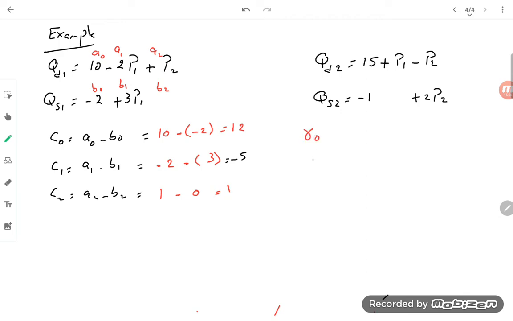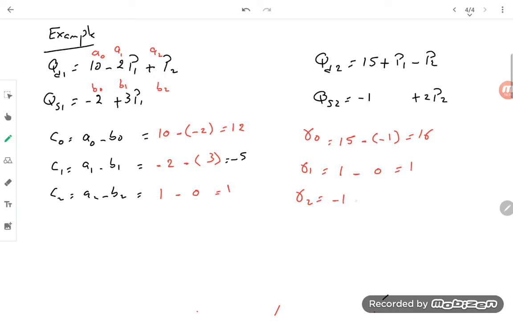Gamma node, using the same way, it will be 15 minus negative 1, it will be 16. Gamma 1 is 1 minus 0, it will be 1.